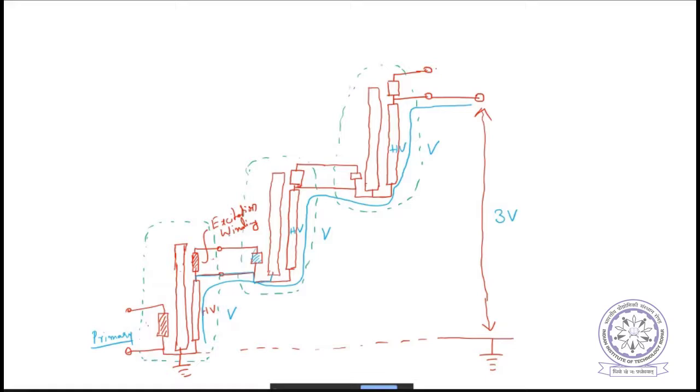If you order a company to make high voltage transformers, and you order all three of them of the same model, then the cost will go down drastically. Otherwise, if you change the design, if you increase the voltage of the second transformer, then appropriately you have to change the design also.